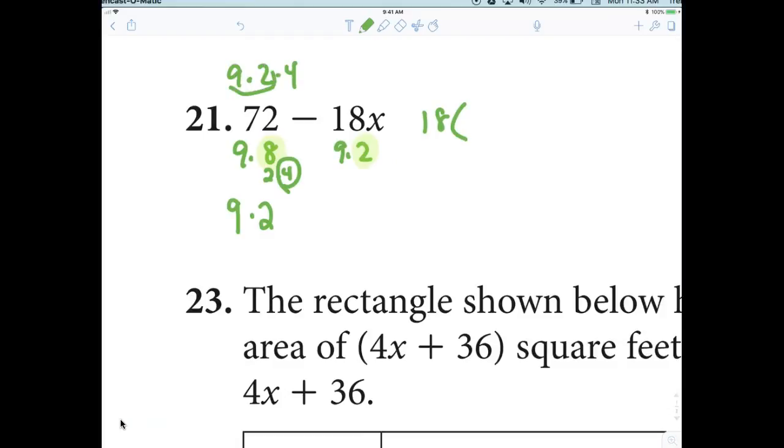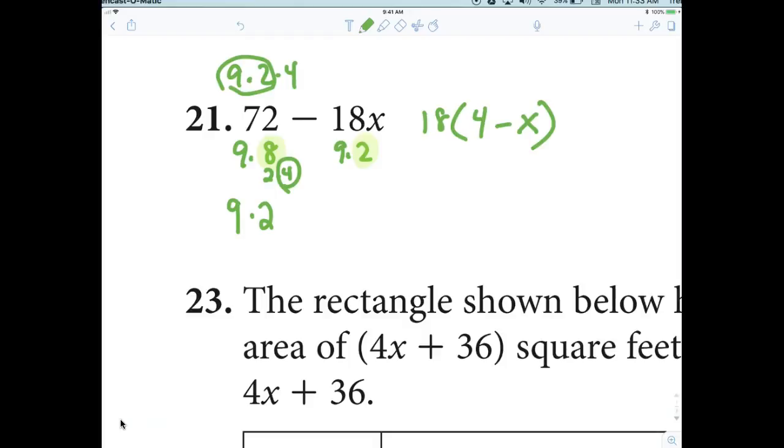I pull out the 9 and the 2, and I'm left with the 4. Everybody good with that? Now it would be 18 open parentheses 4 minus x. And if you said 4 minus 1x, that would be okay. Any questions with that?